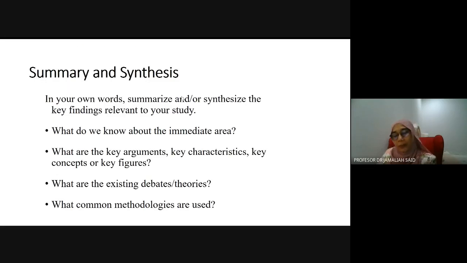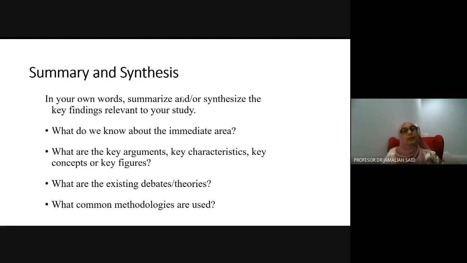Or maybe in the worst case scenario, if you are not able to prepare a critical literature review, your literature review tends to be very descriptive, one paragraph, one author. You must at least try to summarize whatever you have described earlier in one or two paragraphs.